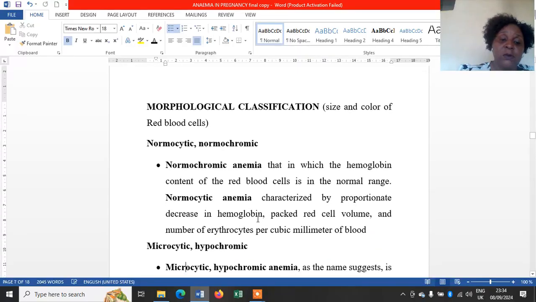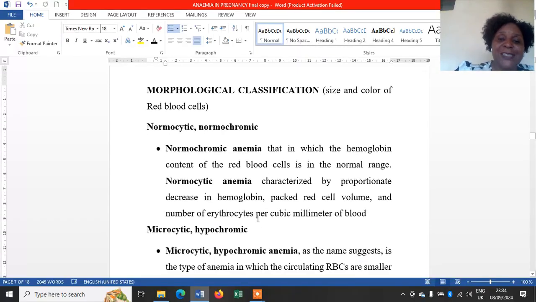So, when we go to morphological classification of anemia, we said that morphology, we basically look at the size and the color of the red blood cell. So one morphological classification, we have the normocytic, normochromic.